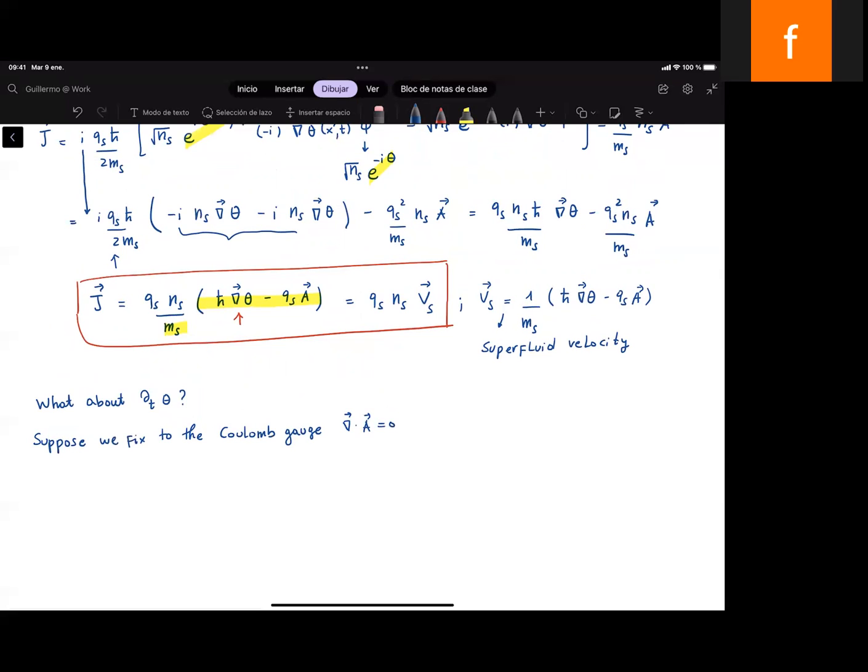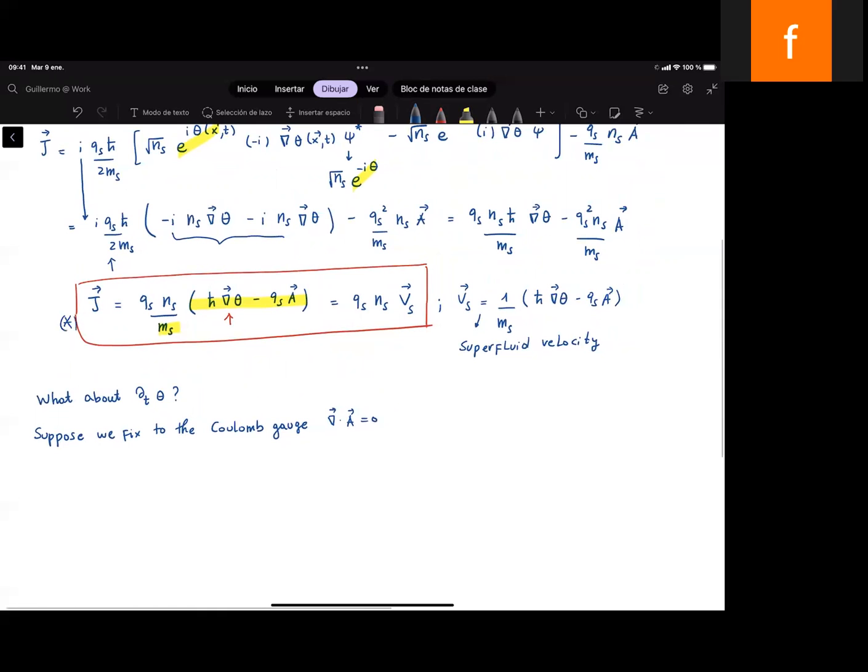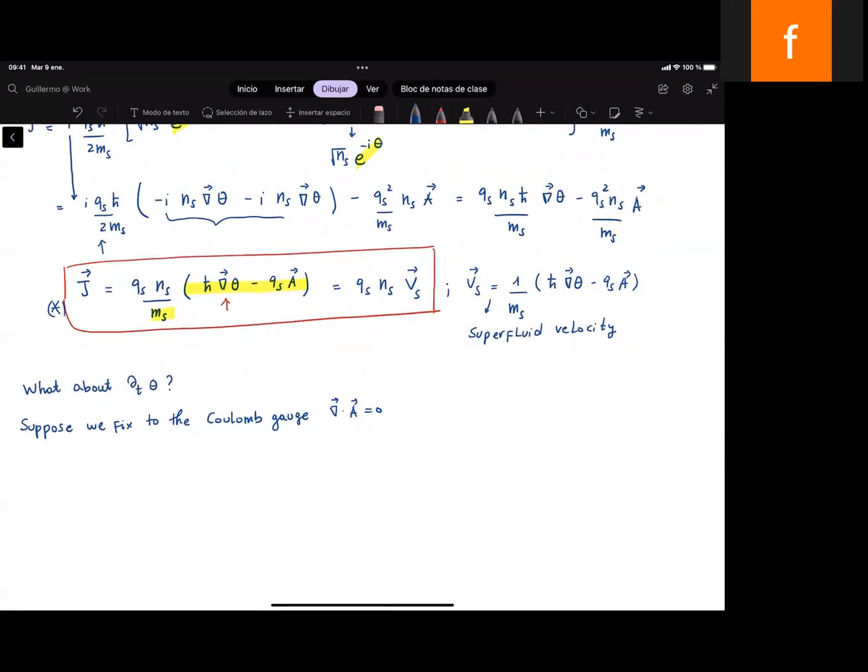Suppose we take this equation we have for the density current, and then I take the divergence of the density current, meaning we have q_s n_s over m_s, h bar nabla squared theta minus q_s divergence of A. So if we work in this particular gauge, this is 0.